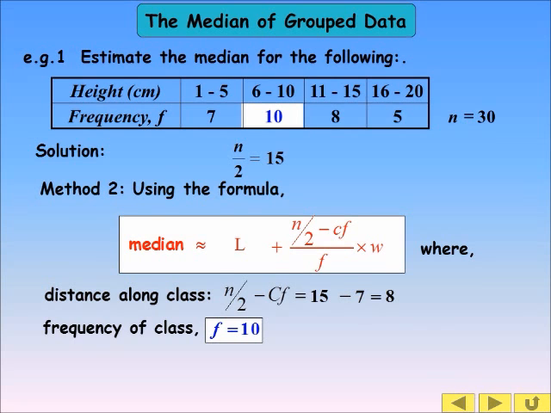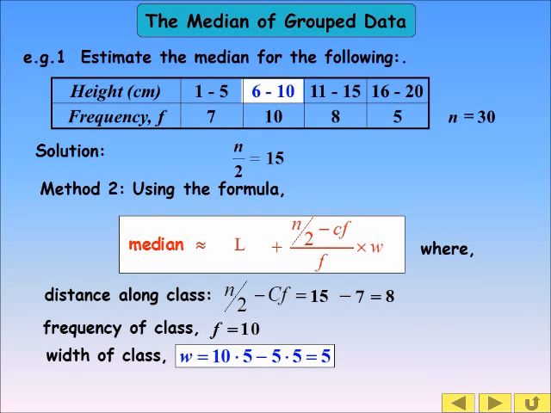The class width is the highest of the class minus the lowest of the class. In this class, the highest is 10.5 minus the lowest, 5.5, so the class width is 5.